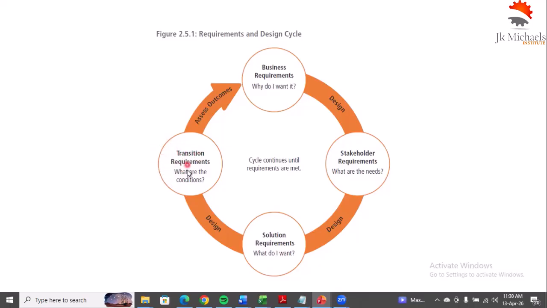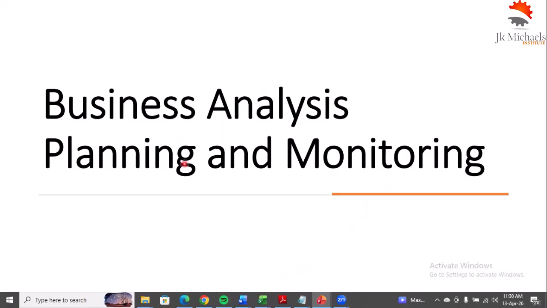And then when we understand these transition requirements and we implement them, we'll be able to assess our outcomes. Do they fulfill the business goals and the business objectives, or do we repeat this cycle again? So the cycle will continue until all the business requirements, majorly, are met, because the business requirements are the ultimate. The stakeholder requirements, solution and transition requirements are derived from the goals and the survival needs of the business. And that brings us to the end of this section.